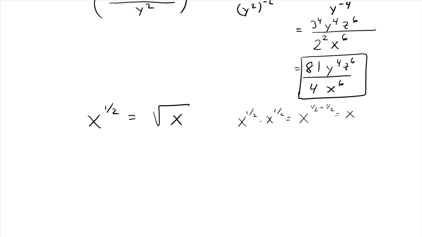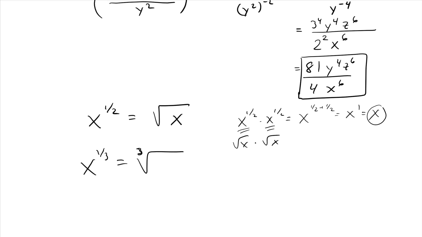So you get x to the 1, so you get x. So the number that you multiply by itself to give you x is the square root of x. This is a quick explanation, but this is really where it comes from.